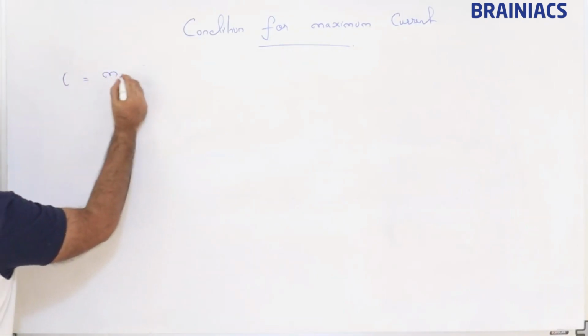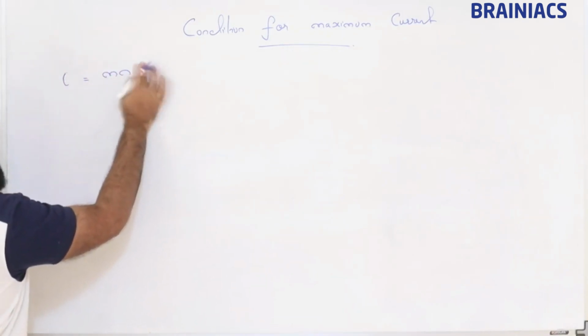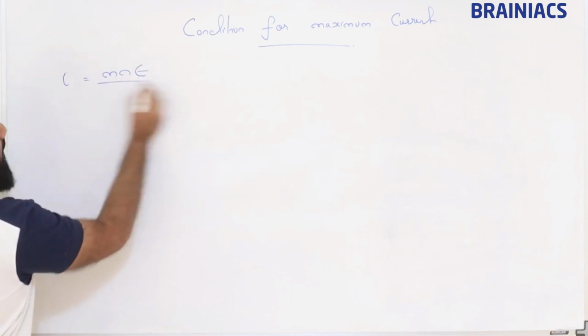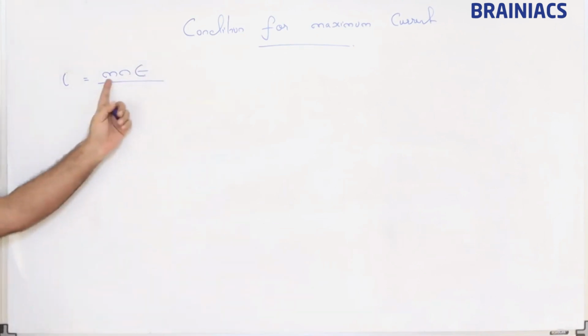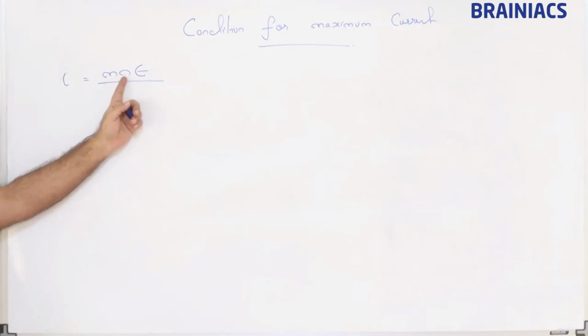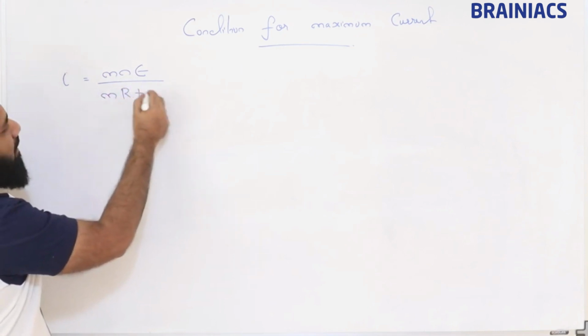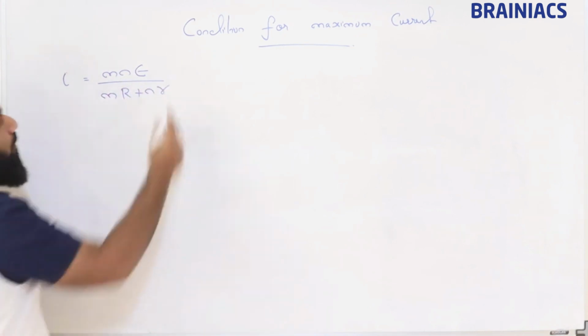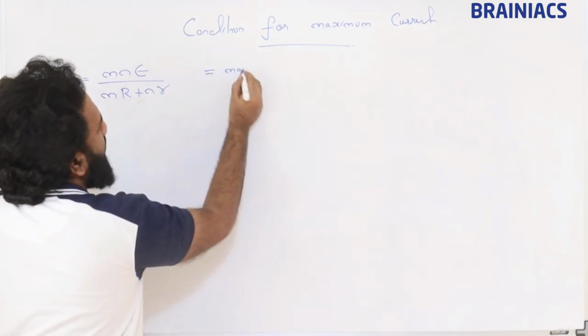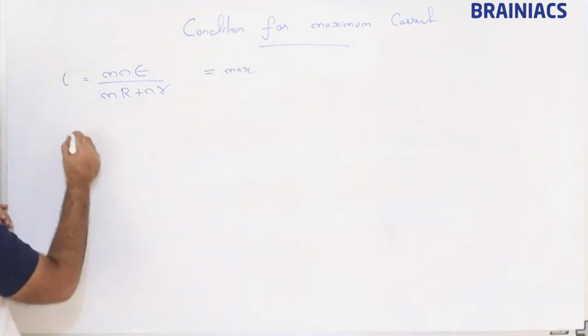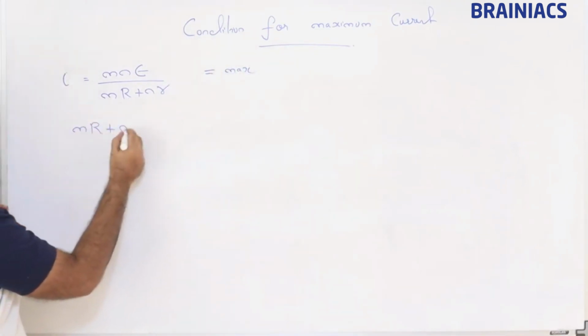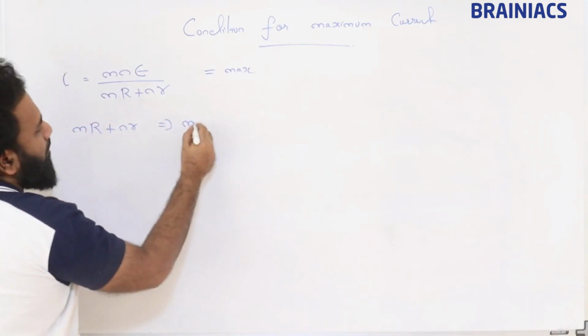This is nothing but MNE divided by, where M is the number of rows and N is the number of cells in a row, MR plus NR. So for this current to be maximum, this MR plus NR must be minimum.